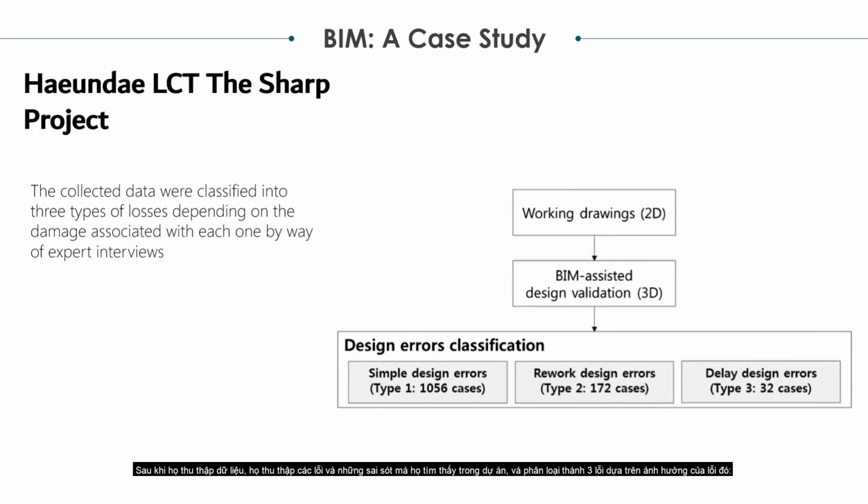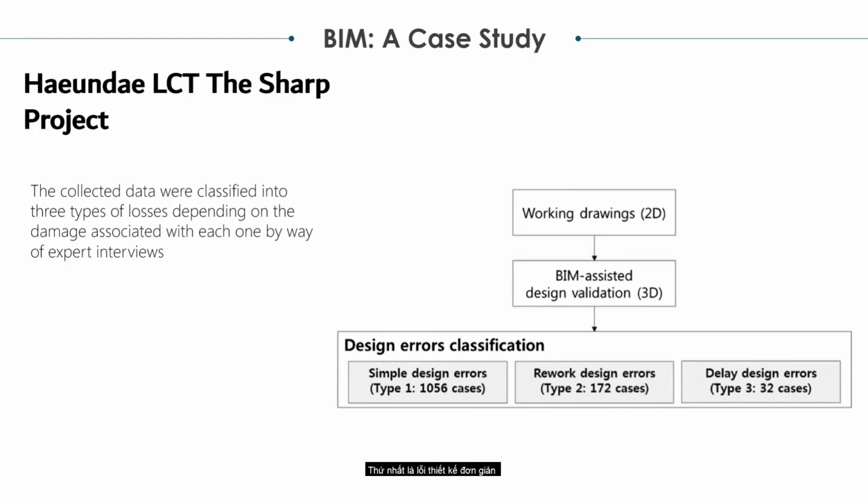They classified them into 3 errors based on the impact. The first one is simple design errors, meaning errors that can be found easily and revised easily. The second is rework design errors, meaning that when the errors occur, it will likely require rework or demolition afterward.